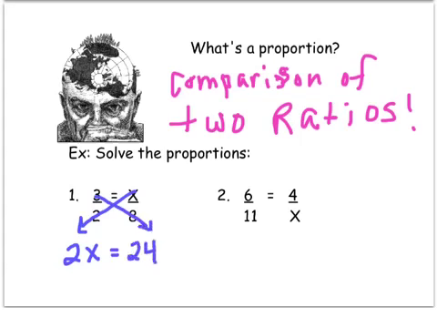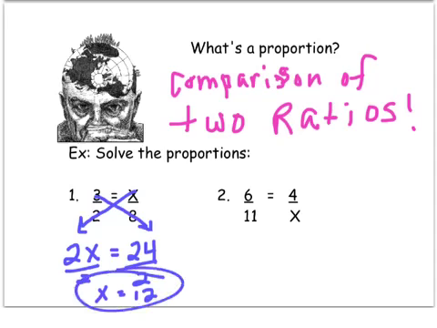Look how brilliantly smart we are. We now have a one-step equation. We divide both sides by 2, and you get x equals 12. Ta-da!